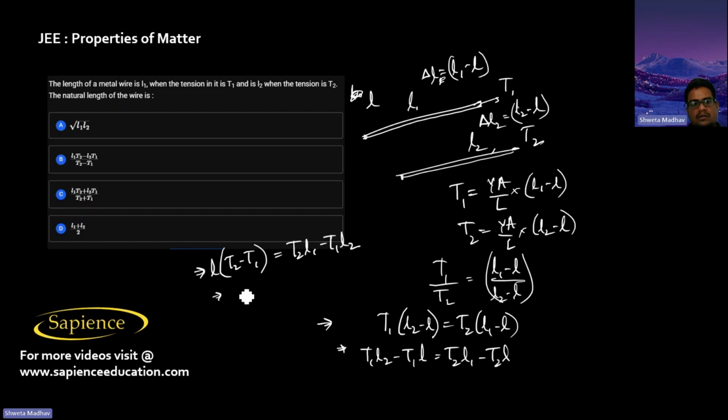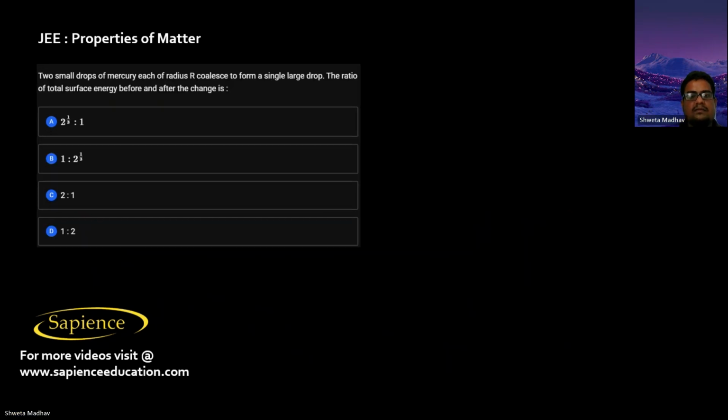So L will be equal to L1 T2 minus L2 T1 by T2 minus T1. It means the natural length is this. Option D is the correct answer.